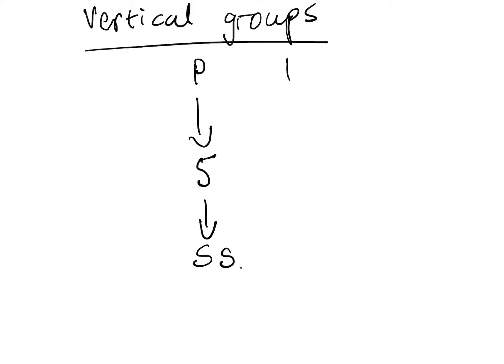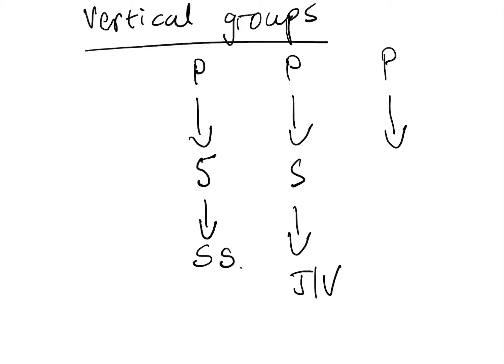Or we can have a parent with a subsidiary and a joint venture, or a parent, a subsidiary, and an associate. These two, we are going to look at them when we are doing the topic for joint ventures and associates.